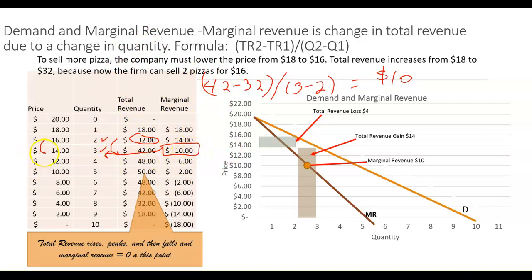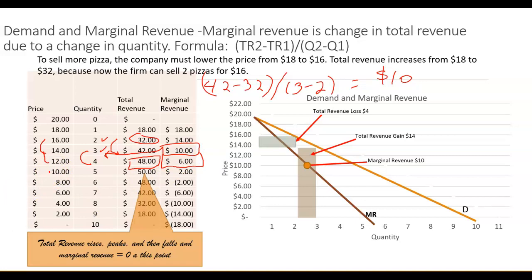And we continue this process. If we decide to drop our price to $12, the quantity we sell is going to be 4 units. We take our TR2 of $48 minus $42, and that's going to give us marginal revenue of $6. Okay. So I'm going to write over this.